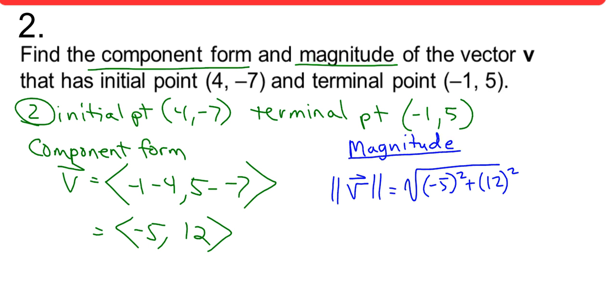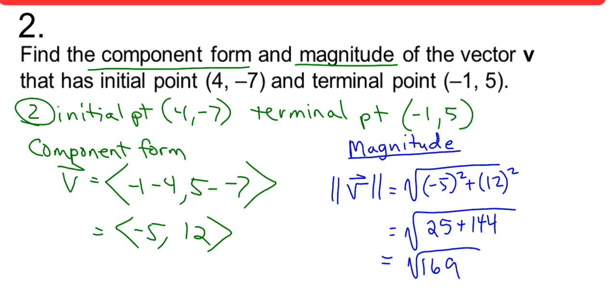So Danae, what is -5 squared? 25 plus 144. What's that? Well, square root of 169. And then that magnitude turns out to just be plain old 13. And if it's not a regular number, we might have to put it in simple radical form.